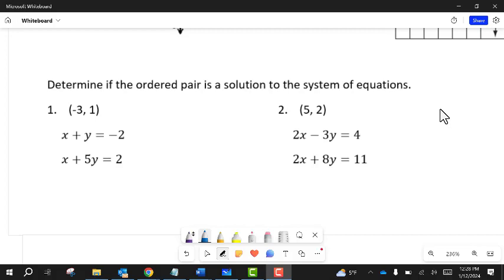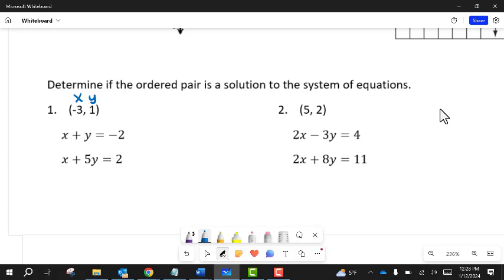So I have the point (-3, 1). That is my ordered pair. I'm going to plug in -3 for x and 1 for y to see if it equals whatever the equation is equal to. It has to work for both equations for it to be a solution to the system. If it only works for one equation, that is not a solution to the system.